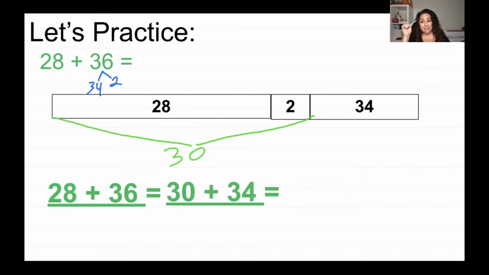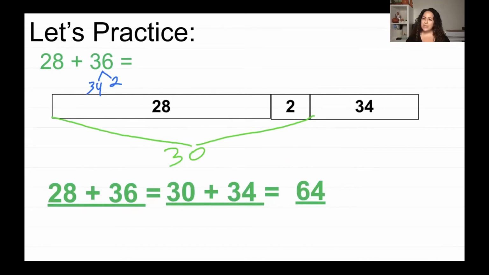I can do this in my head very easily because I know 34, 44, 54, and 64. So I know that that equals 64. Now look at our number sentence. 28 plus 36 is the same as 30 plus 34, and that is also the same as 64.